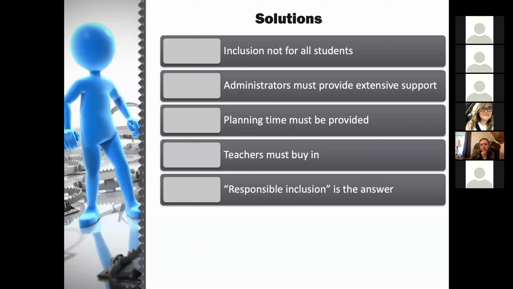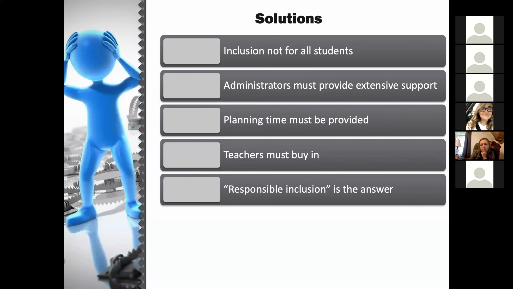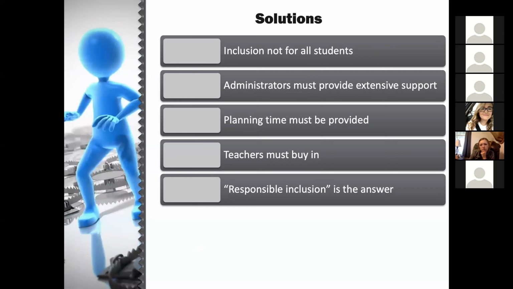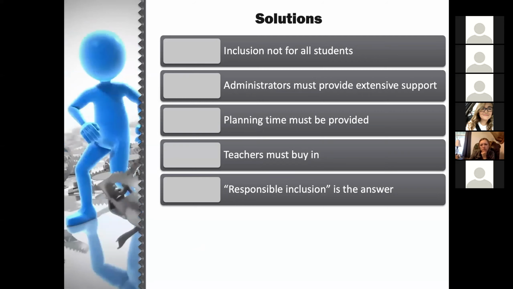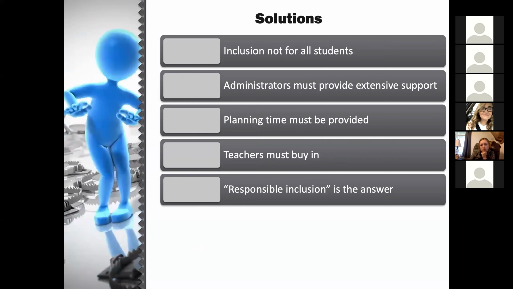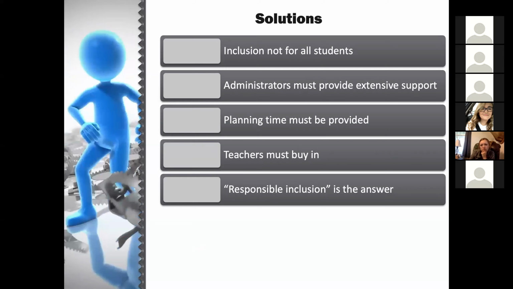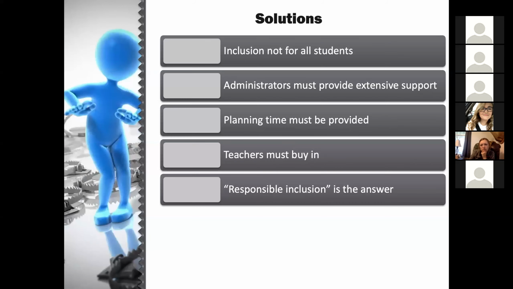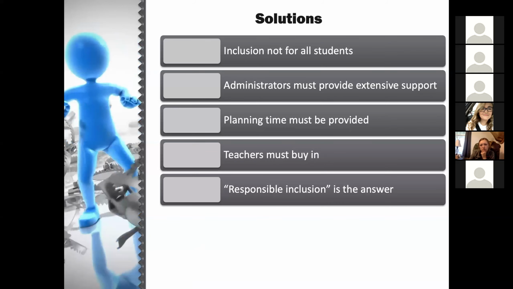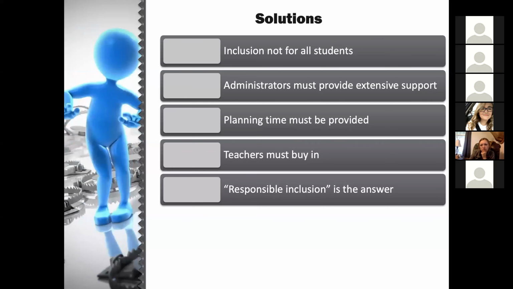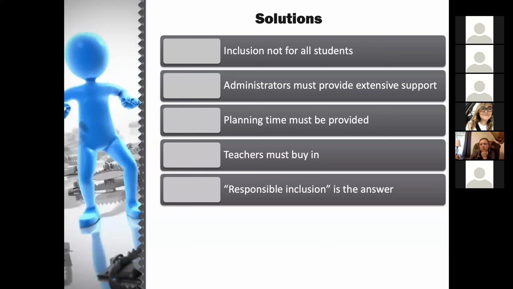And you need a progressive administrator that treats teachers with respect, gets input from faculty, and is supportive of inclusion, not just dictating. They don't have the right to dictate. We are teachers. We are professionals. We need time. We need planning time. And if we don't buy into it, it's not going to work.